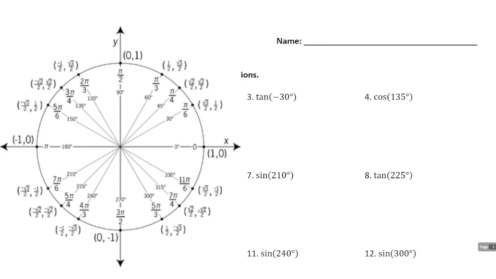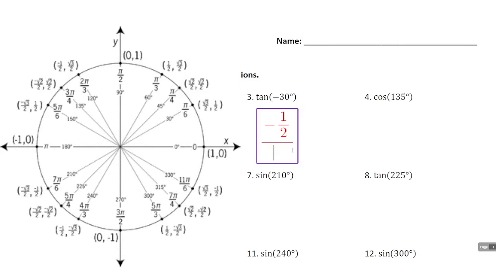So I'm going to be looking at that coordinate at 330 degrees and divide the y by the x. Remember that tangent is the y coordinate divided by the x coordinate. So if I look at that y coordinate, it's negative 1/2. So negative 1/2, all divided by root 3 over 2.